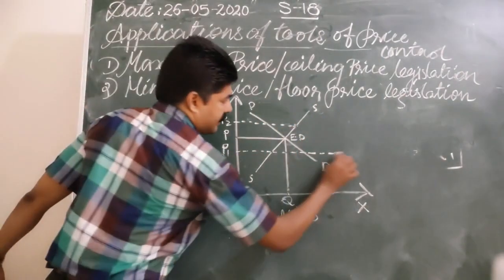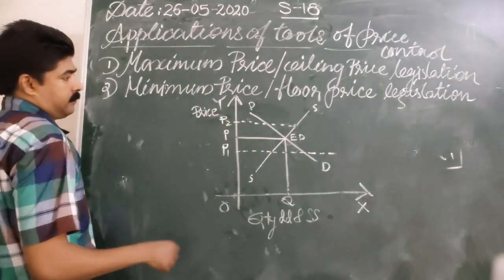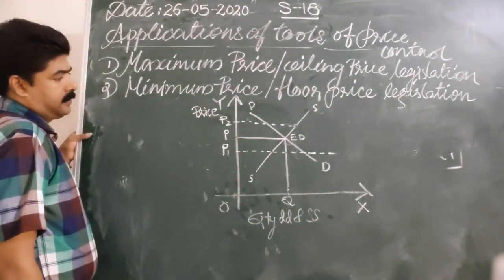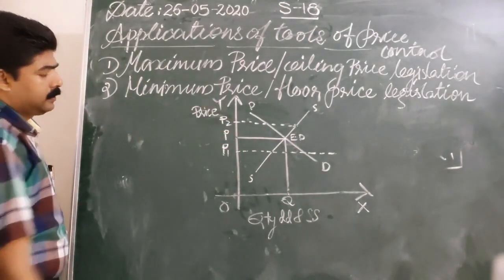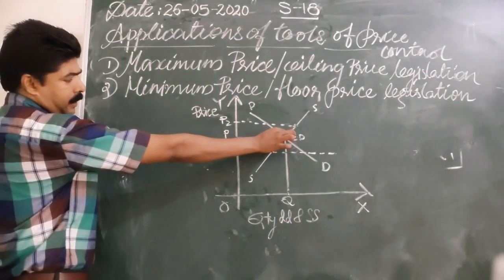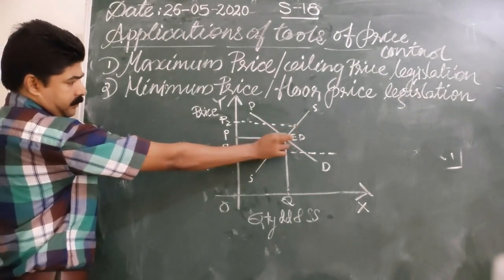Now one line I extended, I will tell you later. Now what happened in these cases? Look at this. What is the equilibrium price? The price at which quantity demanded is equal to quantity supplied is the equilibrium price.